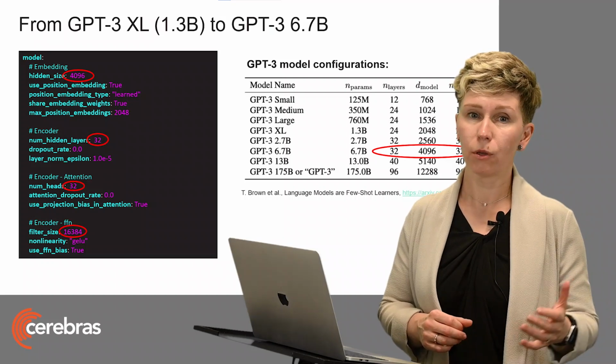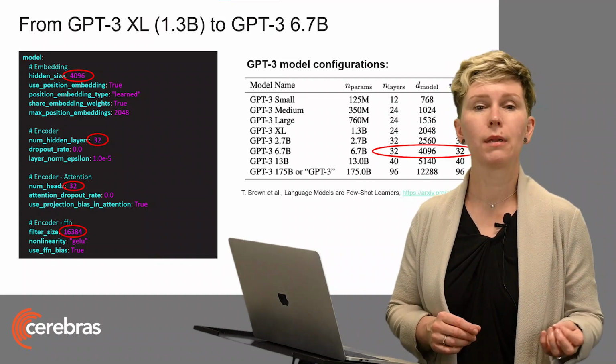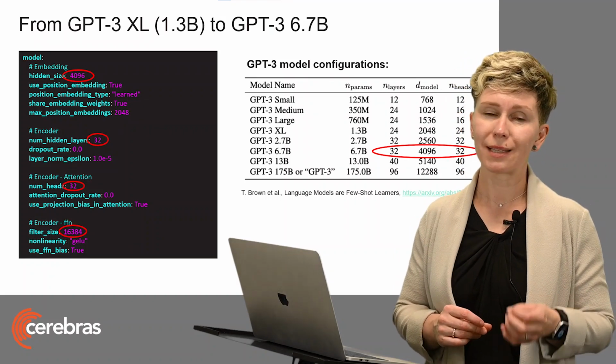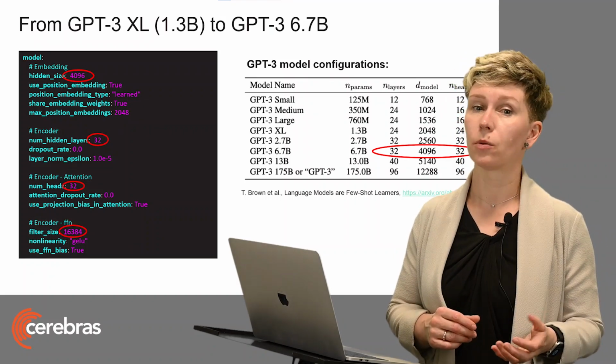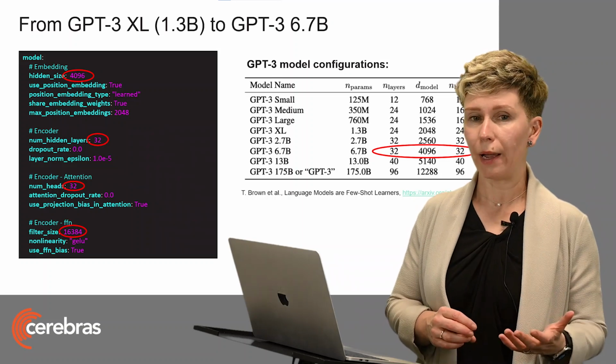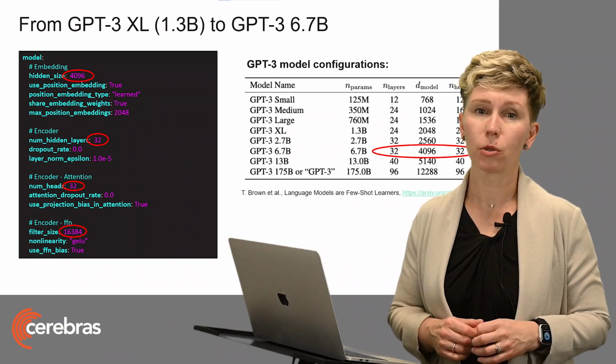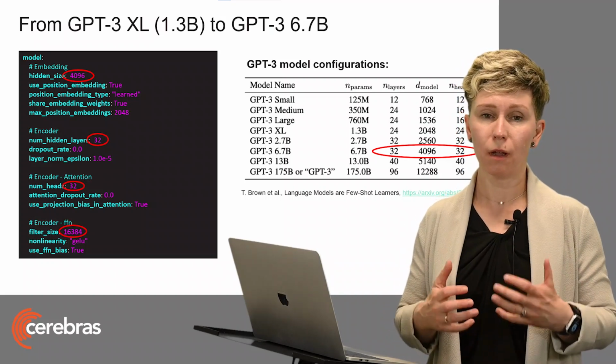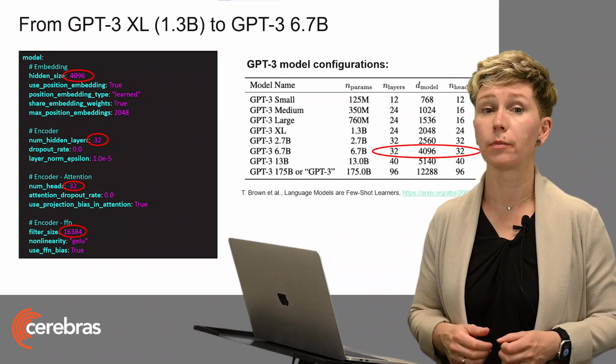In contrast, if you were to switch from a 1.3 billion parameter model to a 6.7 billion parameter model on GPUs, the same code base is unlikely to work. If you rely on some complicated libraries, you will still have to manually decide how to split the training of these larger 6 billion parameter models across multiple GPUs.